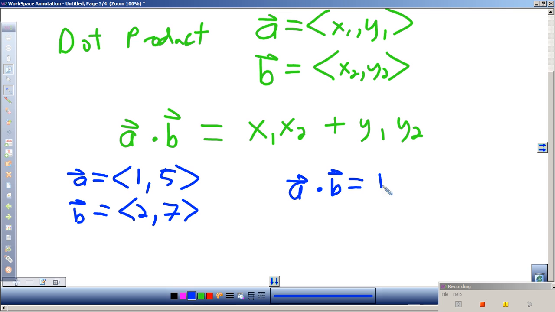Okay. Yeah, so we do 1 times 2 plus 5 times 7, which is 37. And we get 2 plus 35.